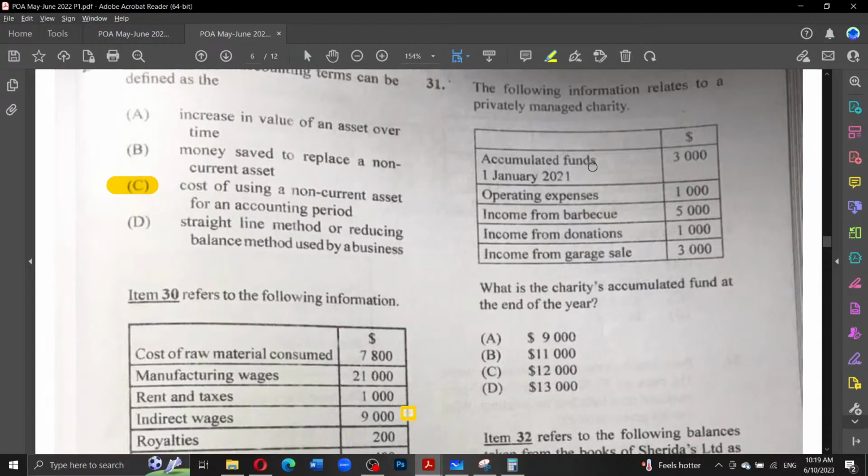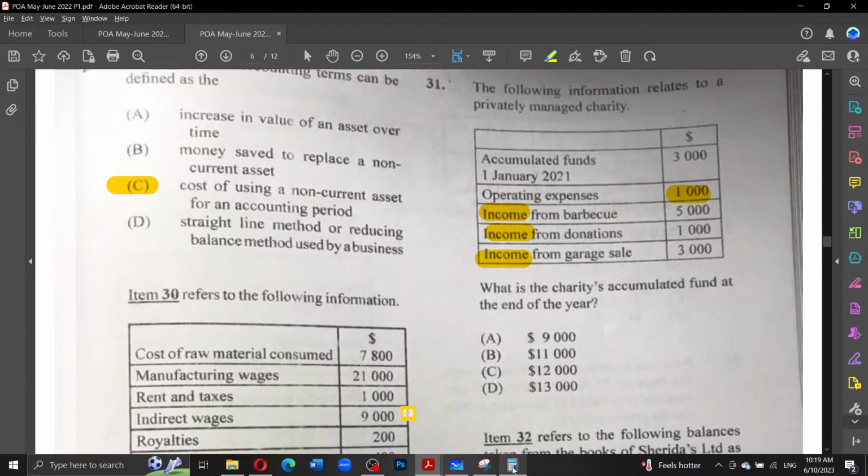So the accumulated fund at the beginning of the period is 3,000. Operating expenses, I'll just highlight the expenses because there's just one of them. So you have operating expenses, and we have income, and also income. So you have three incomes, you have the opening balance, and we have one expense.